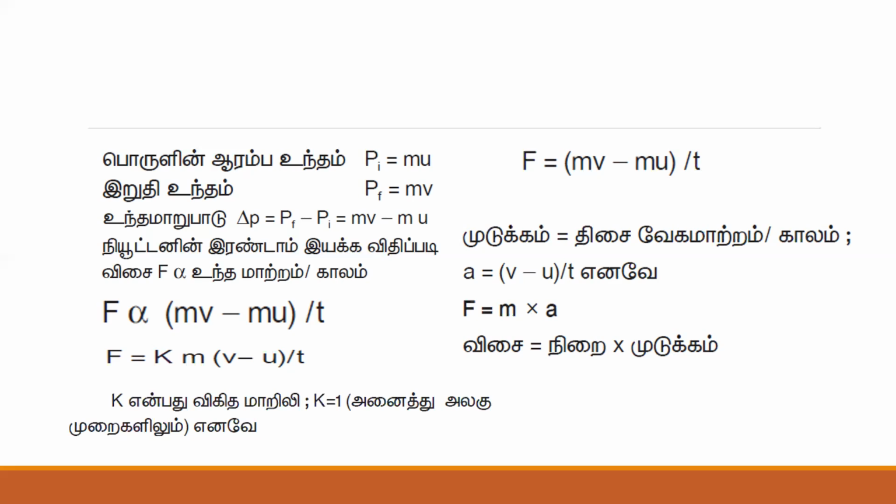F is equal to M into V minus U by T. A is equal to V minus U by T என்பதால் F is equal to MA. இதுதான் நம்ம இரண்டாவது விதியில படிக்கிற சமன்பாடு.